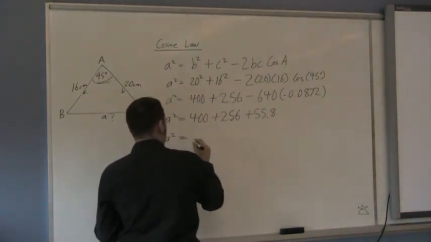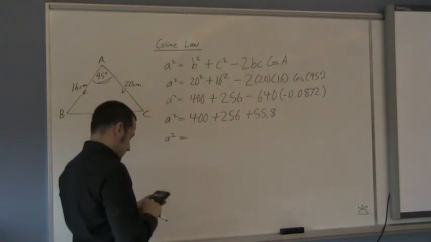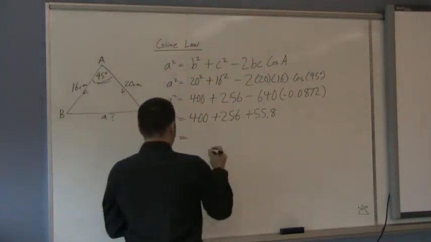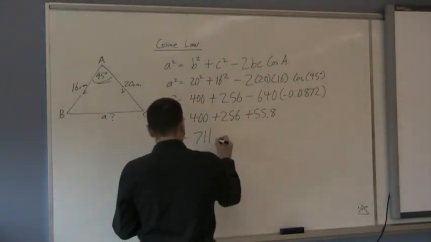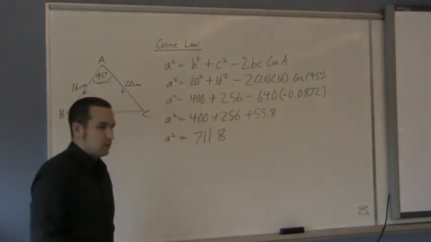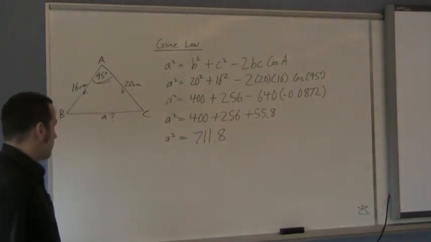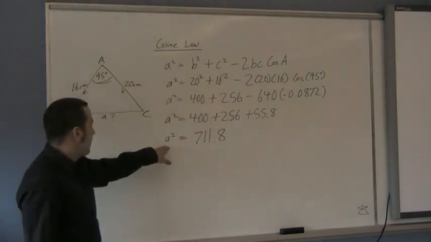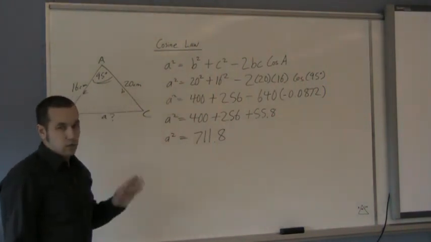My A squared is equal to, we total those together, 400 plus 256 plus 55.8, we get a total of 711.8. Notice I don't have A is equal to that, I have A squared is equal to that.